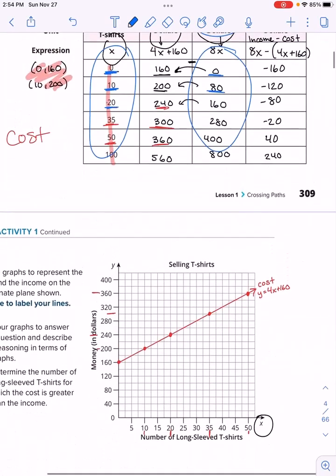0, 0 is the first one, so that's at the origin. Then 10, 80, right there. 20, 160, so right here. 35 and 280.